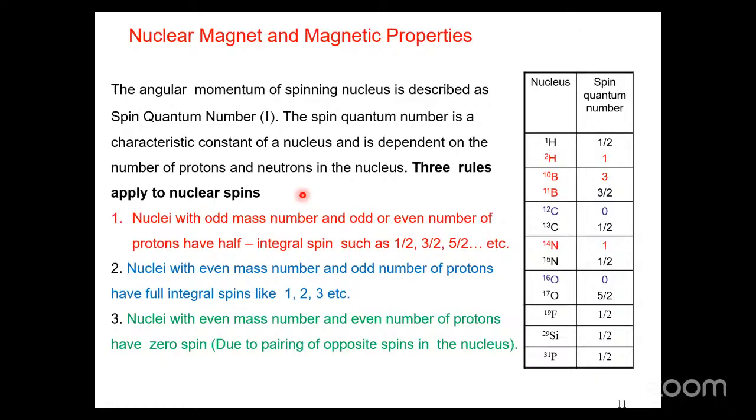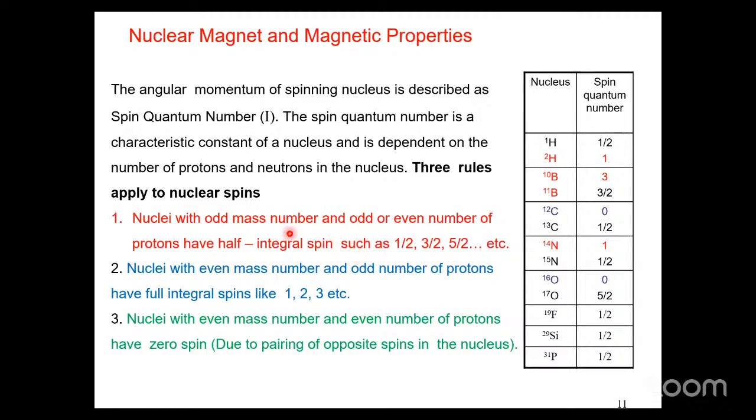The first rule: you count the number of protons and neutrons. Nuclei with an odd mass number and an odd or even number of protons have half-integral spin quantum numbers such as 1/2, 3/2 or 5/2.